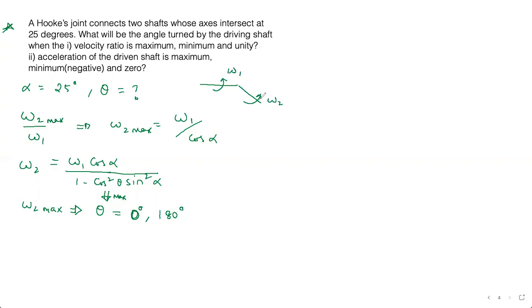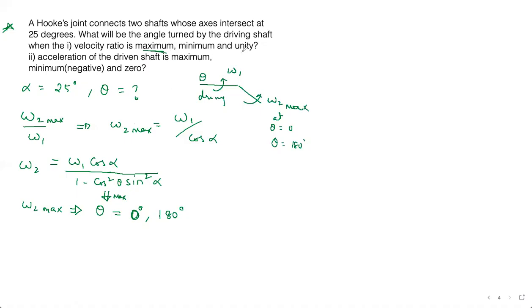This maximum is at theta equal to 0, and you have to check theta equal to 180. Okay, and now minimum is also asked. See, maximum is done. What is the theta value?